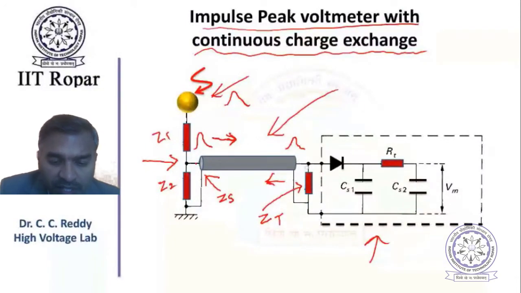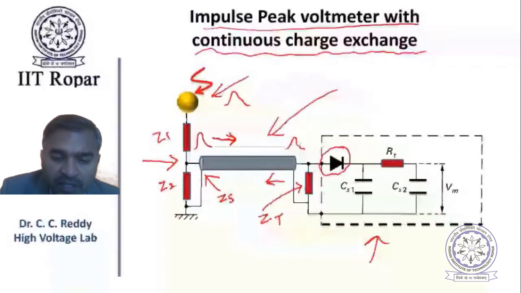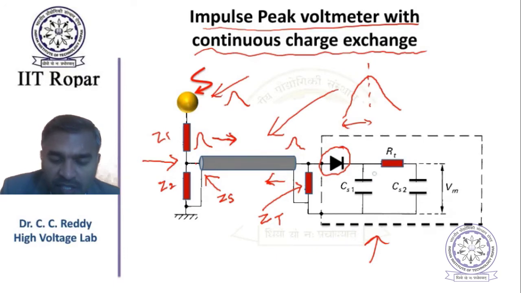So after it reaches here through this diode, until the peak. So this is the waveform, right? Until the peak, the diode will conduct, and then this capacitor CS1 will charge.